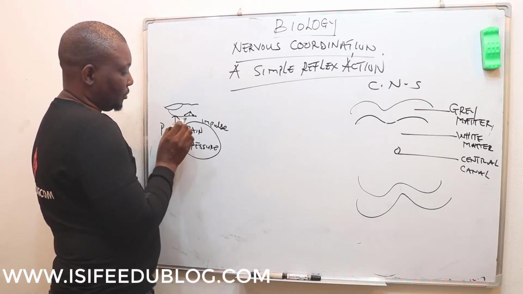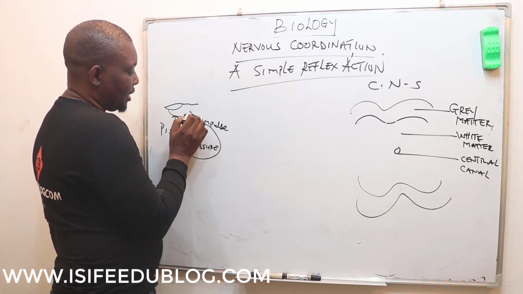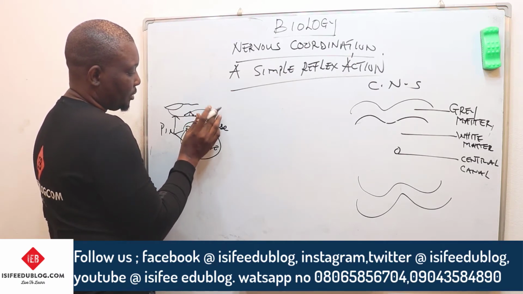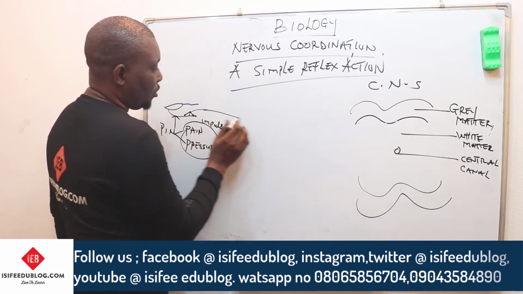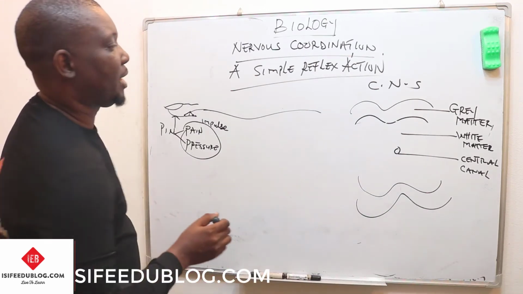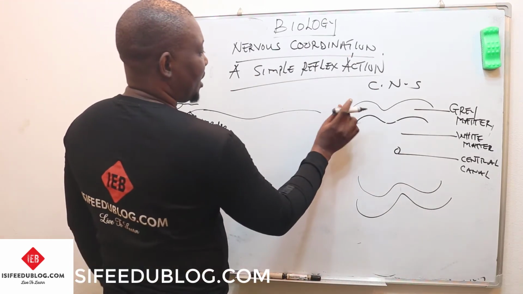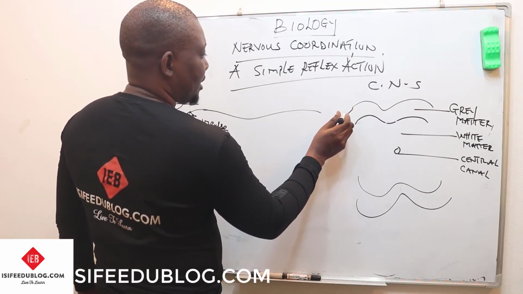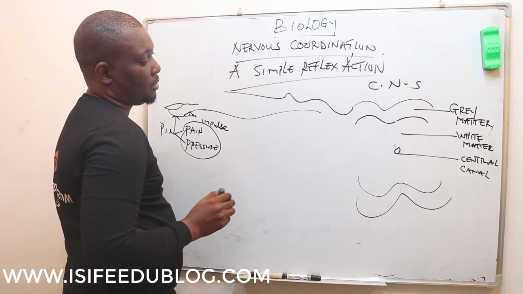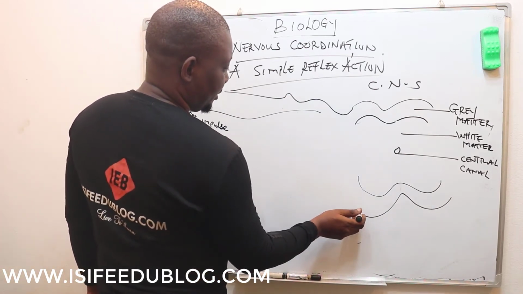And these impulses are now within this neuron, which will move the impulse straight to the spinal cord. But the gray matter extends with a cell body out. Same thing here, it extends.